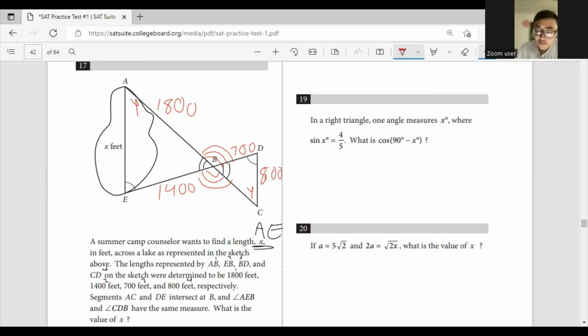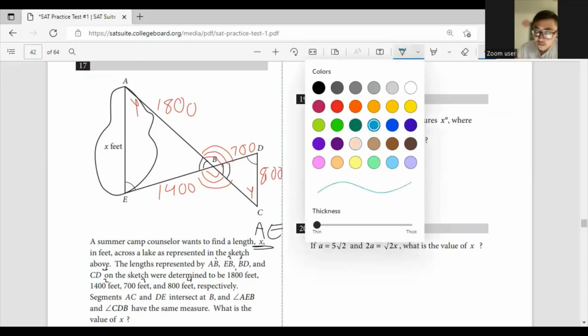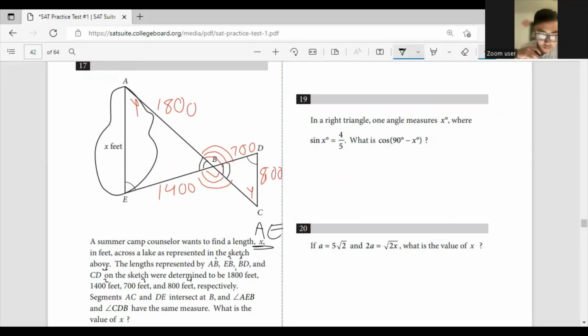So, let's see. I know if I do 1,400 divided by x, all right, let's first write this out.